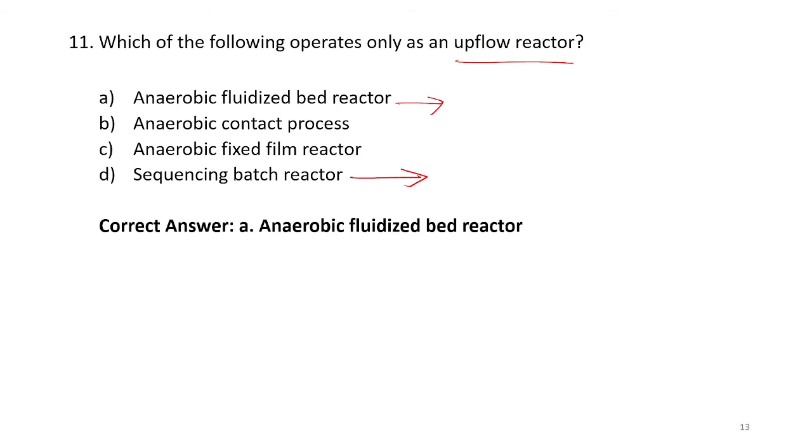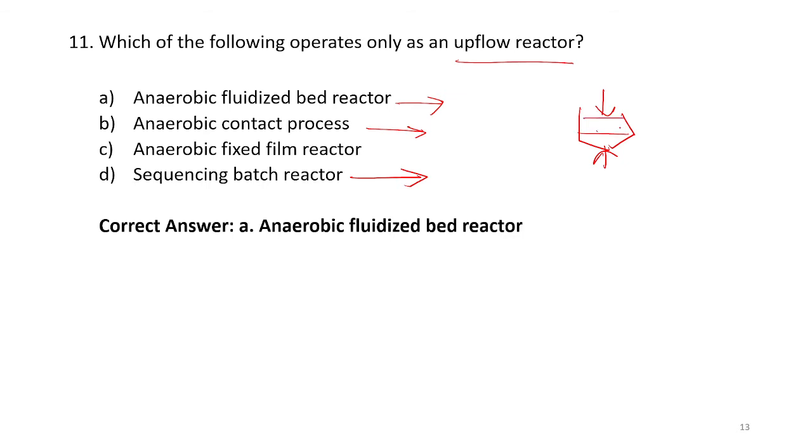Option A, anaerobic fluidized bed reactor, is the correct answer. So let us say option B, anaerobic contact process. In anaerobic contact process, the flow can be either upflow or downflow. So the only thing is that the wastewater has to be in contact with the microbes.